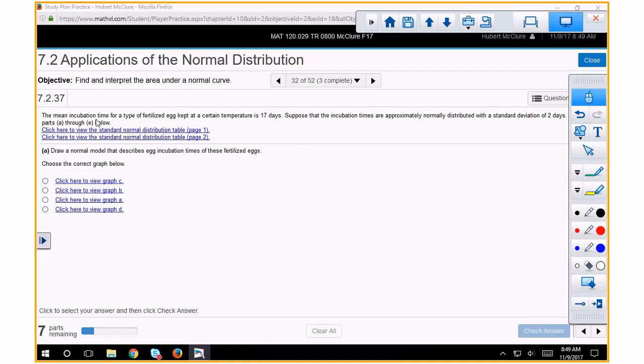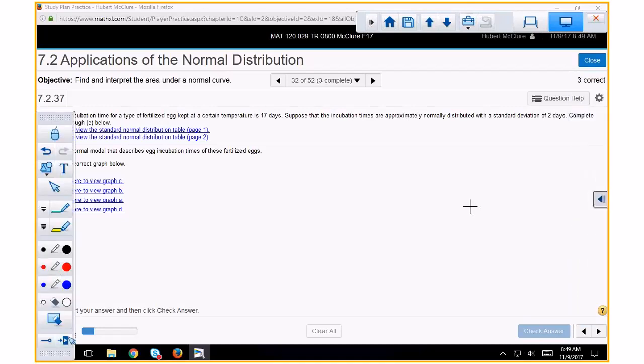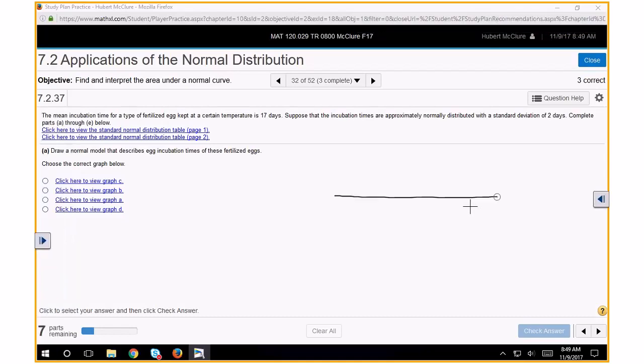They want you to draw a picture of it. I have no idea what this is going to ask, but it doesn't have enough information to find an area, so it's just wanting you to draw a picture.